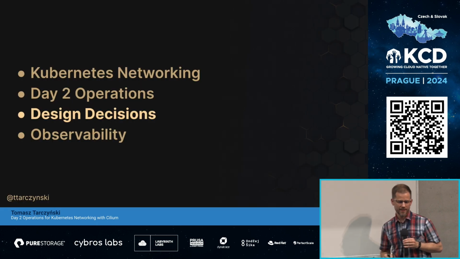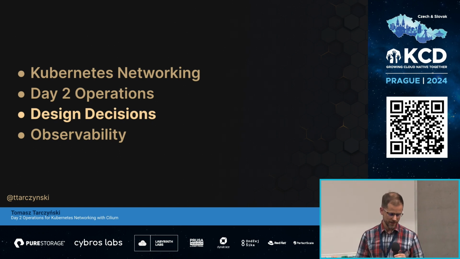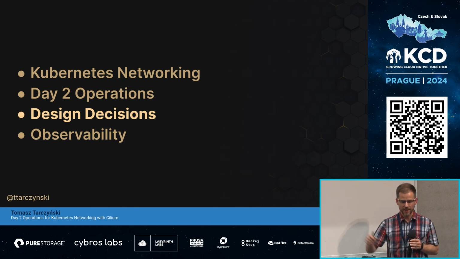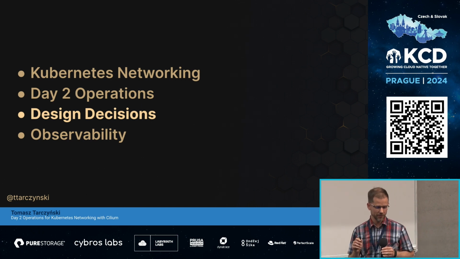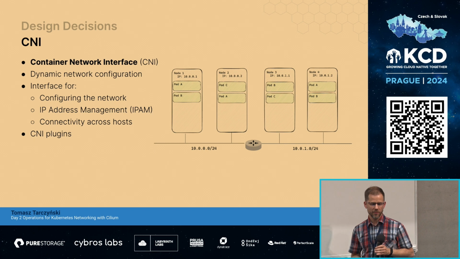Okay, let's now jump straight into the design decisions that I would say are really important to make when planning for your production setup with Kubernetes network. So we talked about what the networking model looks like.